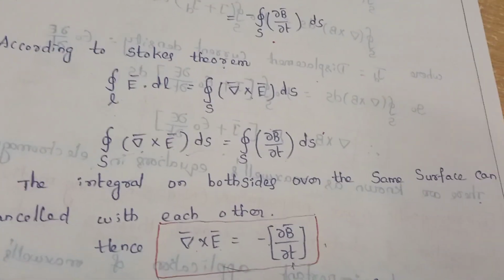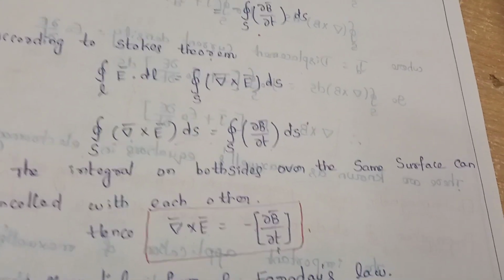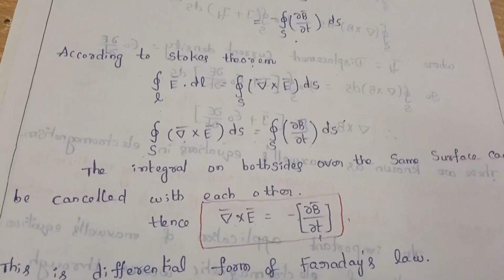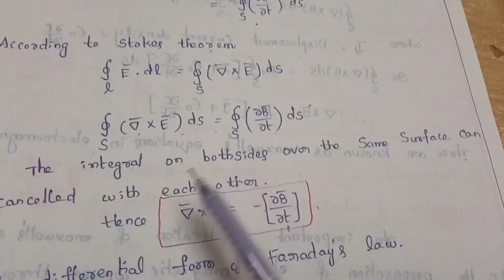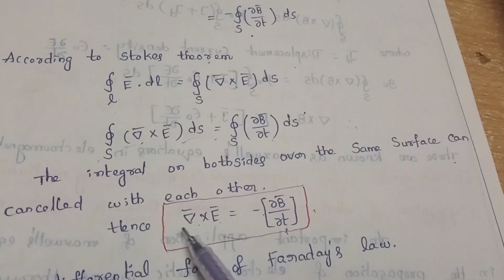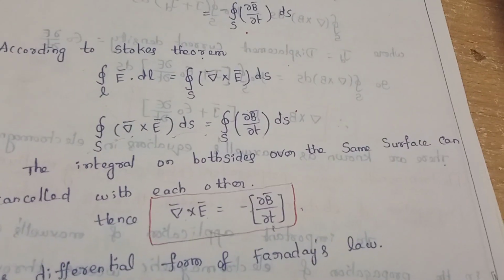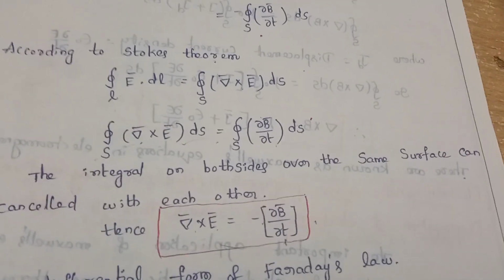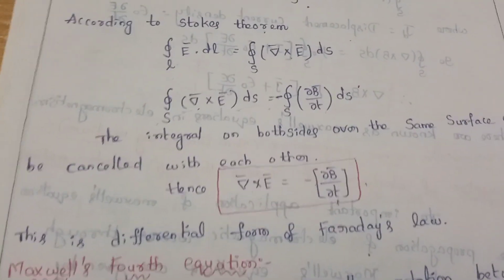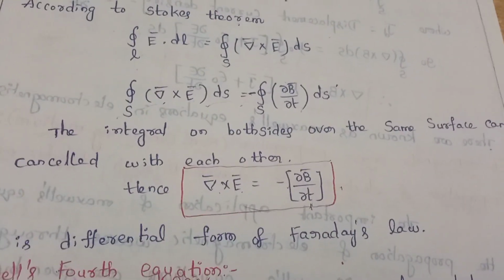Here the integrals on both sides over the same surface can be cancelled with each other. Hence we can write del cross E is equal to minus dou B by dou t. So it is the differential form of Faraday's law.